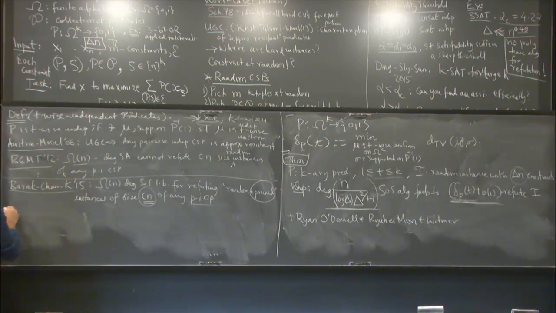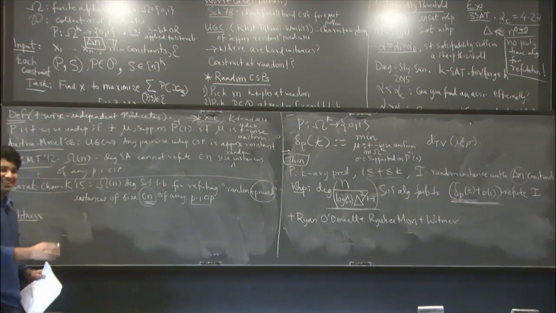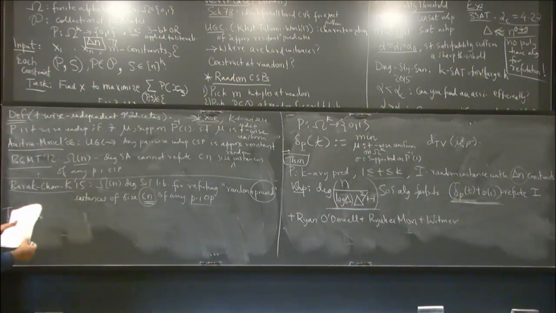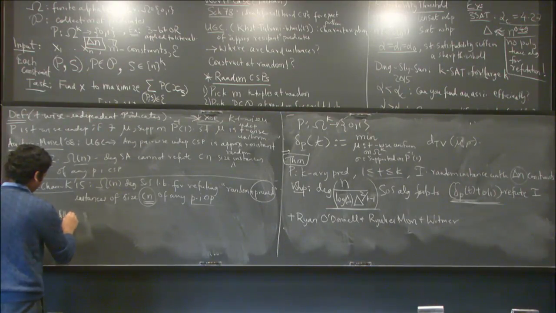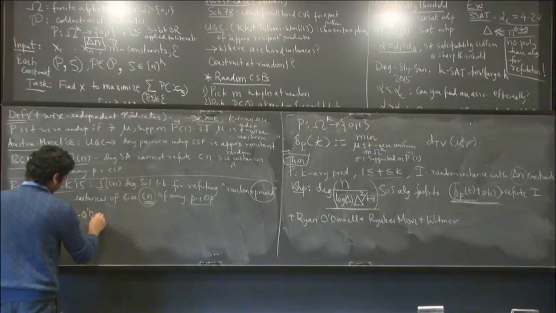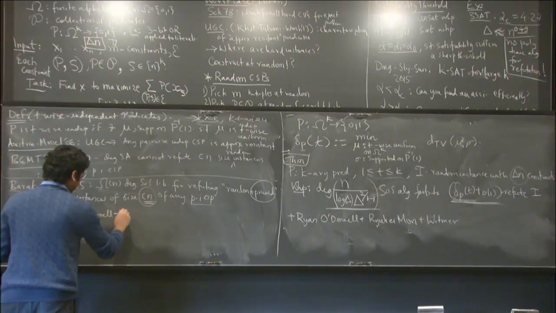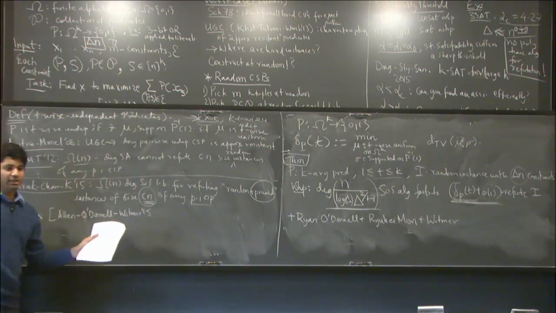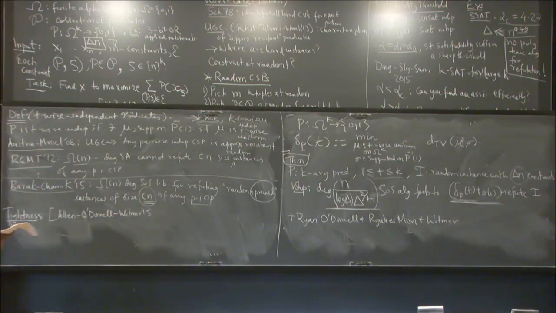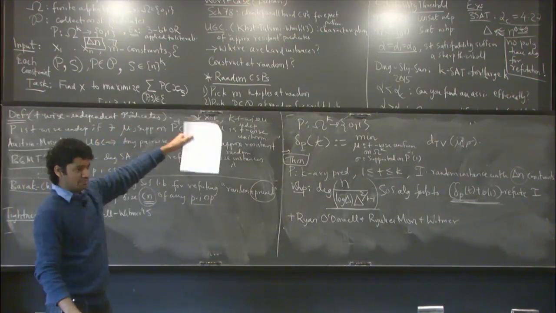The tightness is again due to another very fresh paper. In fact, it's based on two papers. There is a paper of Sarah Allen, Ryan, and David Witmer. They are the ones who started looking at this problem of refuting arbitrary CSPs with the sum of squares method, and they gave an algorithm extending these results for specific predicates.